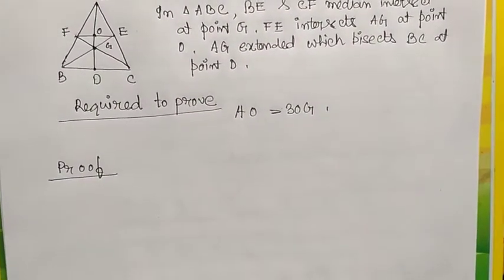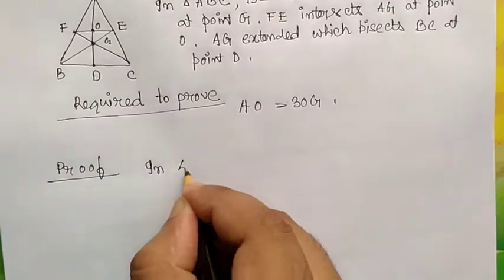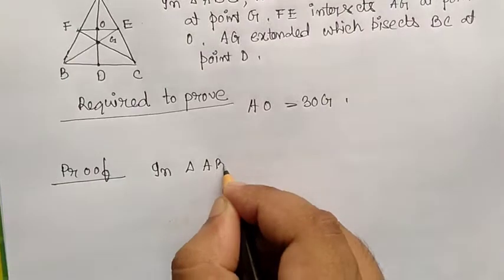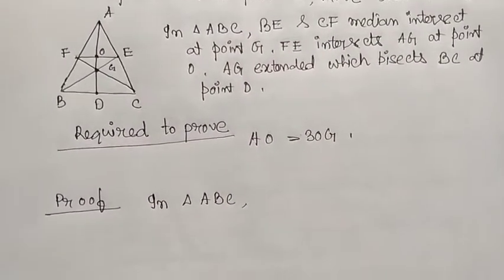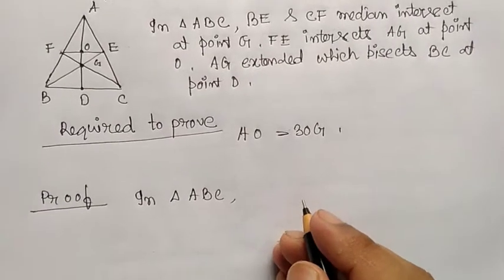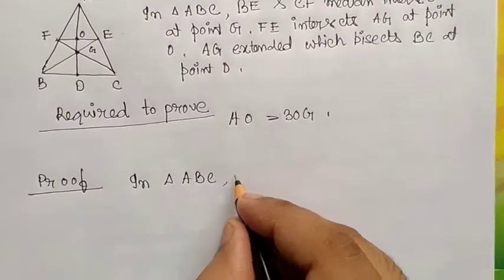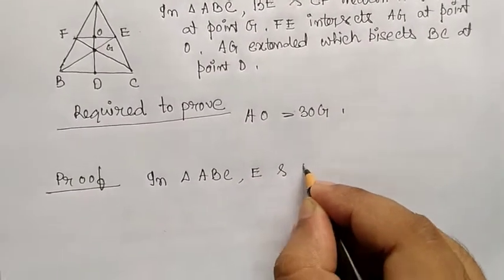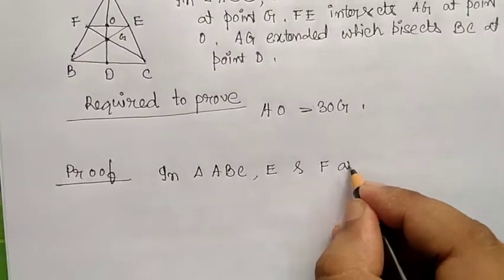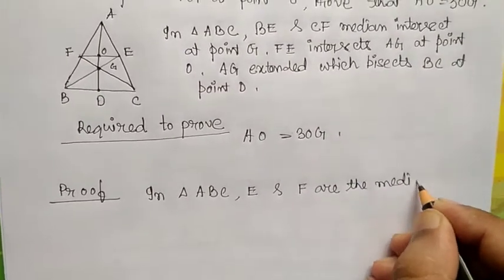First of all, in triangle ABC, E and F are the midpoints. Why? Because of what a median is.